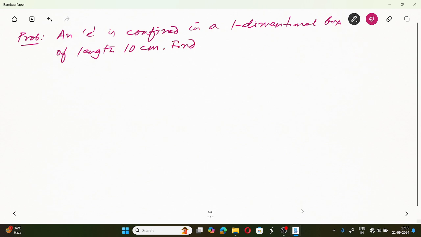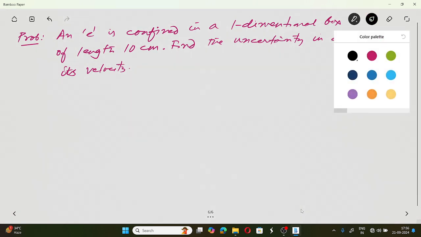Find the uncertainty in the determination of its velocity.